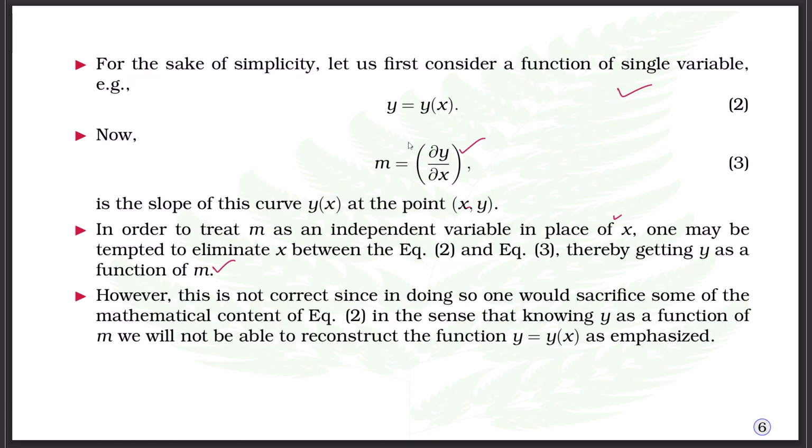However, this is not correct, since in doing so one would sacrifice some of the mathematical content of equation 2, in the sense that knowing y as a function of m, we will not be able to reconstruct the function y equal to y of x.